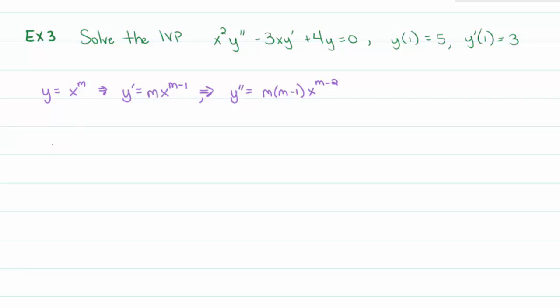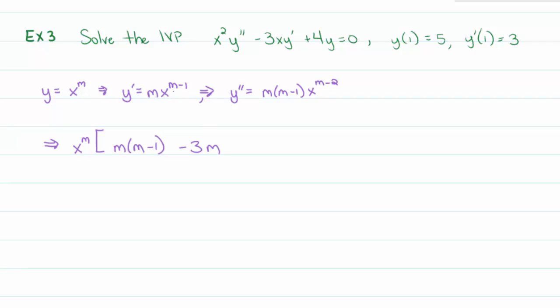In the end, you know also after having done a few of these problems that it's going to be x to the m times the quantity. Let's see, y double prime will have the m times m minus 1. The x to the m minus 2 has been factored out and multiplied by x squared. Minus 3 times y prime, which is m.